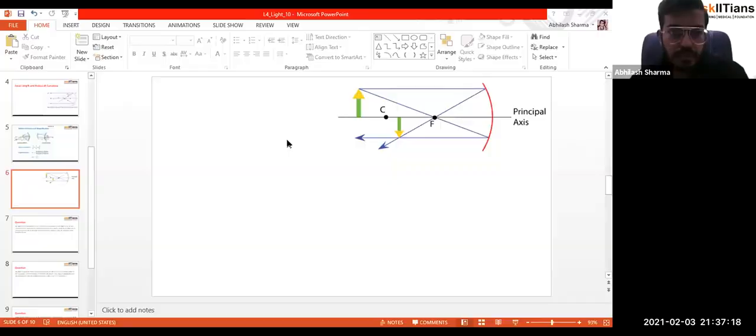Let's now deal with mirror formula. So again, I repeat, what we are actually about to do is the derivation of the mirror formula.